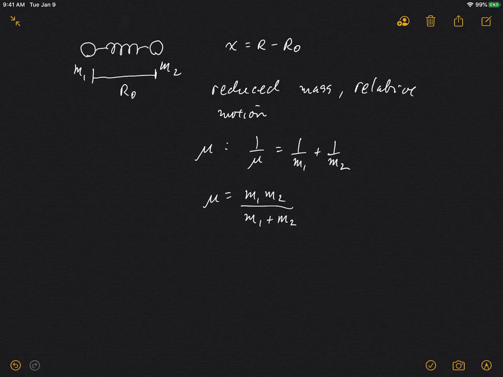What else? Let's look at some examples. So for instance, the reduced mass, by the way, these masses are the masses of atoms.